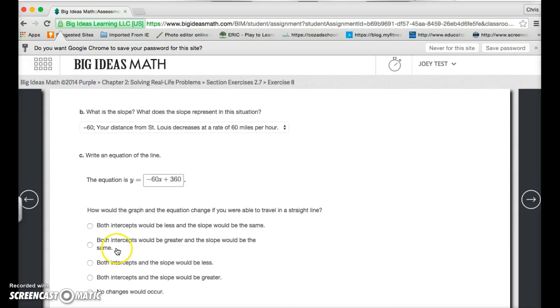Okay. What do I have for the last answer here? How would the graph and the equation change if you were able to travel in a straight line? What do you think? Do you think any changes would occur?